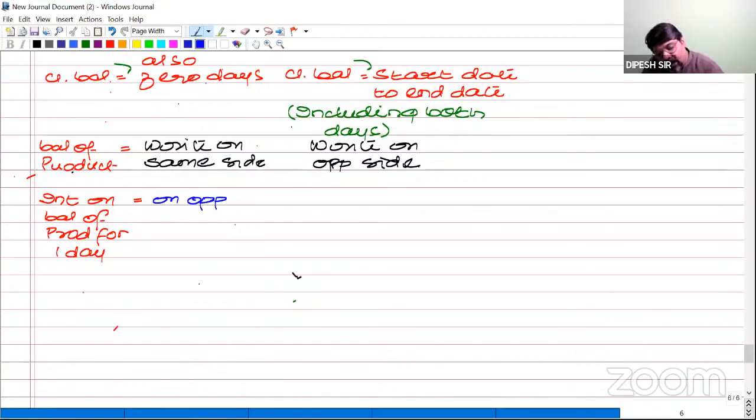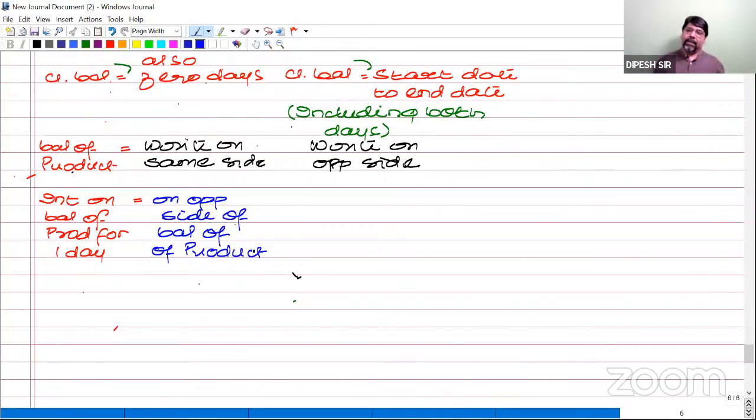This will come on opposite side of balance of product. Am I clear? So if balance of product logically comes on credit side, you will write it on the credit side, but interest will come on debit side. If balance of product comes on debit side, you will write it on debit side, interest will come on opposite side.